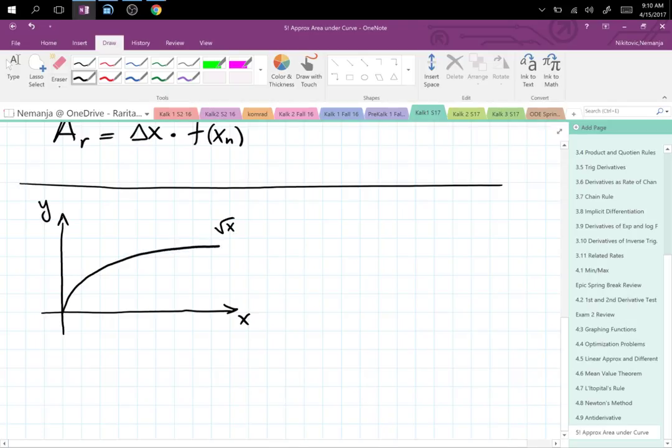So let's say this is a square root function, and I would like to find area between 1 and 4. So you decide to cut at every integer.